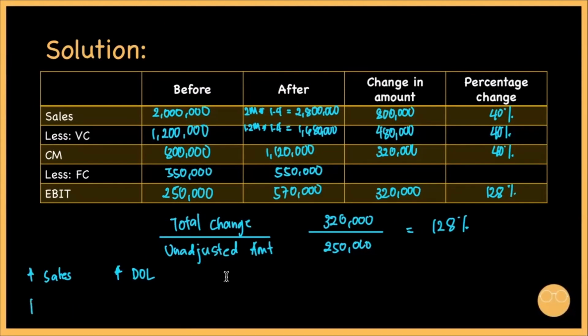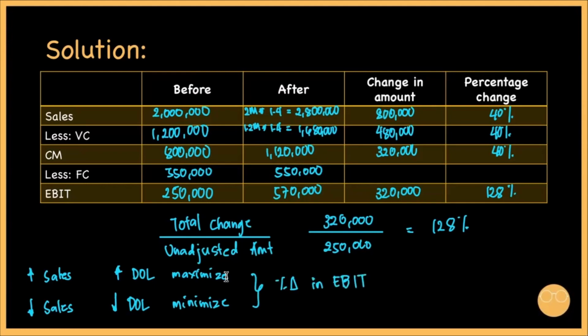But if sales are decreasing, then our degree of operating leverage should also decrease, to minimize the loss. Minimize or maximize what? The percentage change in EBIT.